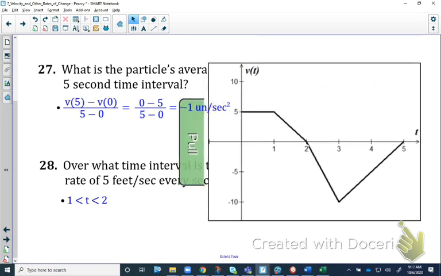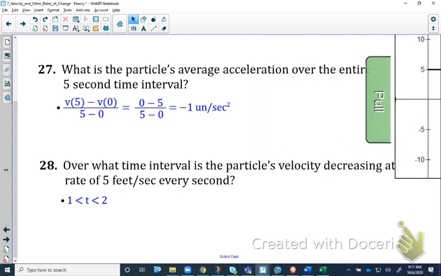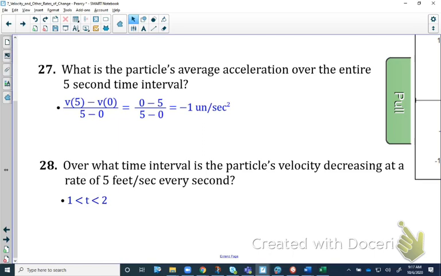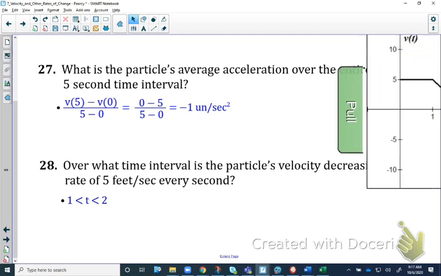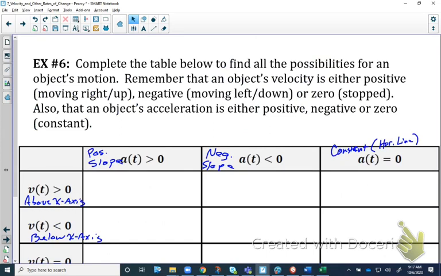So between 1 and 2, that's where we're going to have essentially a slope of 5 feet for every second. Yeah, so we're looking at things moving downward. Between time 1 and time 2, between 1 and 2 seconds.